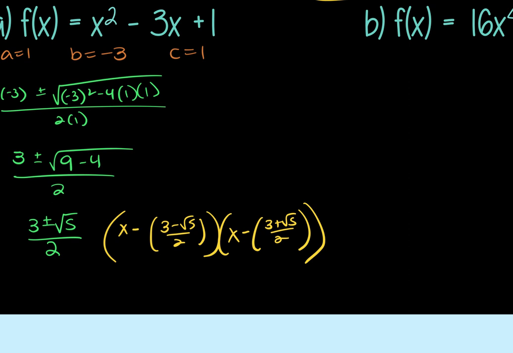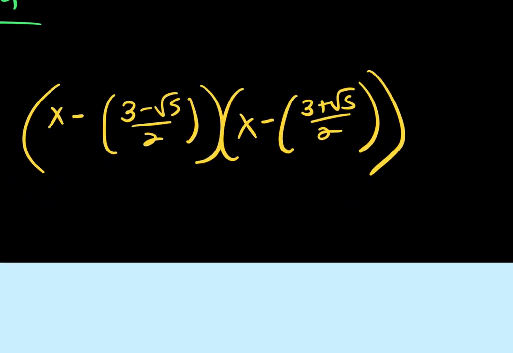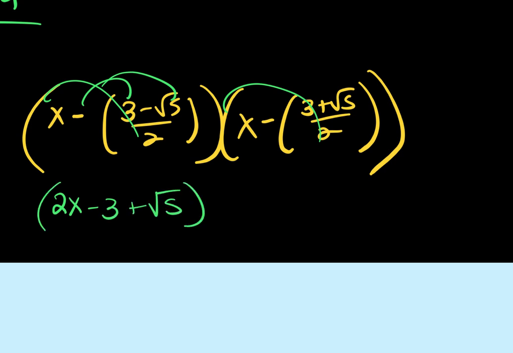Now I need to distribute the minus and I have to get rid of the fraction. So how do I get rid of the over 2? Good. Bring the 2 to the front of the x. So this would be 2x, the minus goes to both here, minus 3 plus root 5. And this is 2x minus 3 minus root 5. That's the product of linear factors.